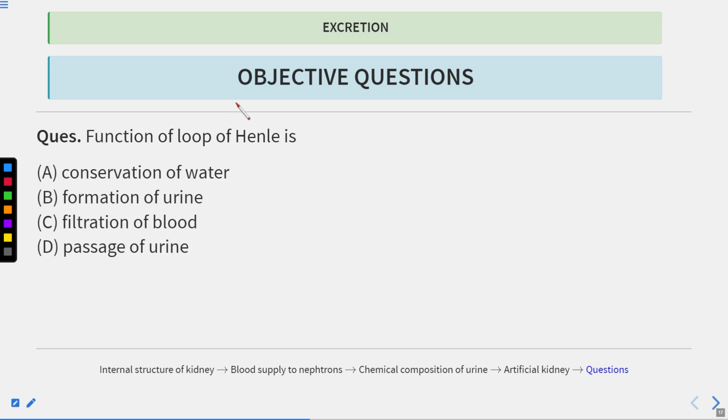Now first option, conservation of the water. Second option is the formation of the urine. Third option is the filtration of the blood, and fourth option is the passage of urine.